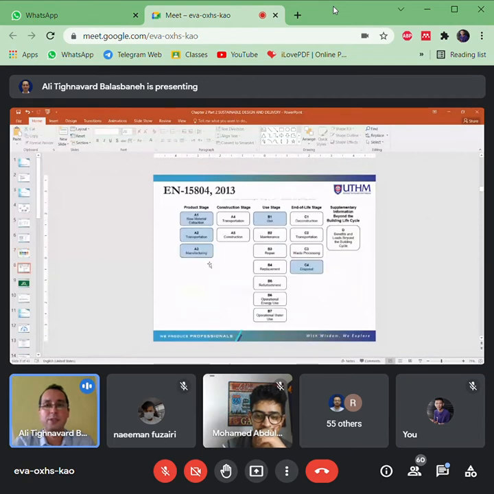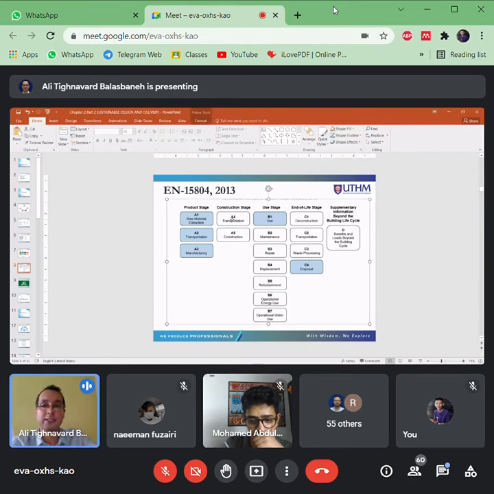Now let's continue. In this slide, all the stages are clearly mentioned. Raw material, transport, manufacturing is A1 to A3. The construction stage, transport A4. You see we have another transport here. And construction process A5.